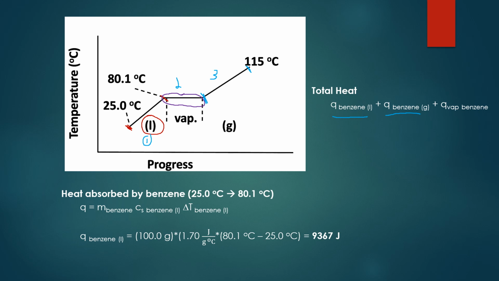So this is the third step that I pointed out with the diagonal line, where we went from 80.1 degrees up to 115, and benzene was a gas in that phase. And then we'll also want to add it to that plateau phase, that middle step, where we are changing from a liquid to a gas, the vaporization stage.